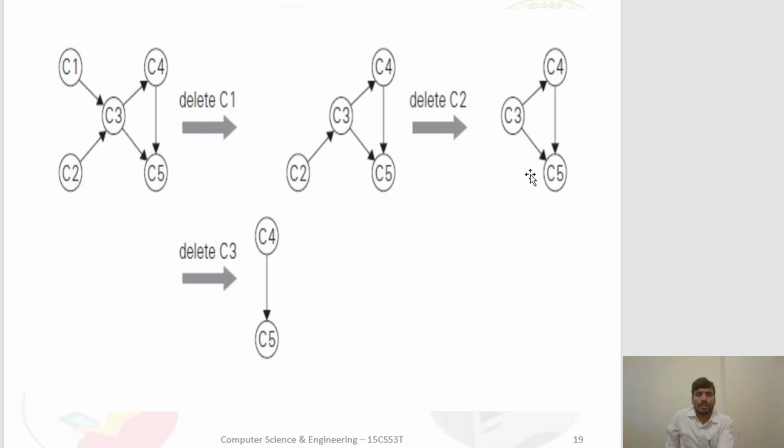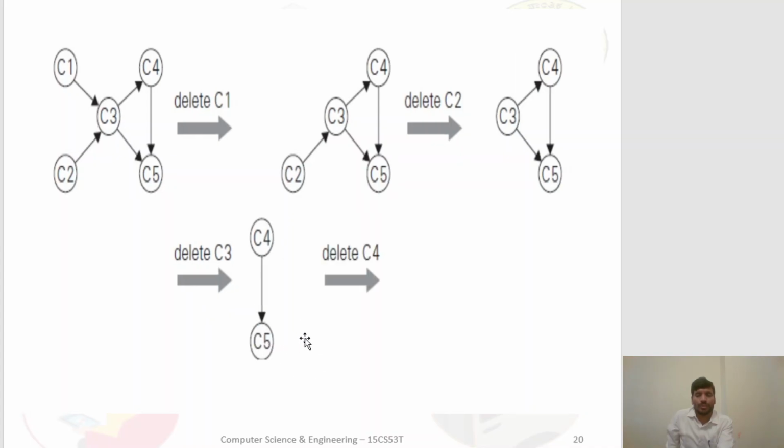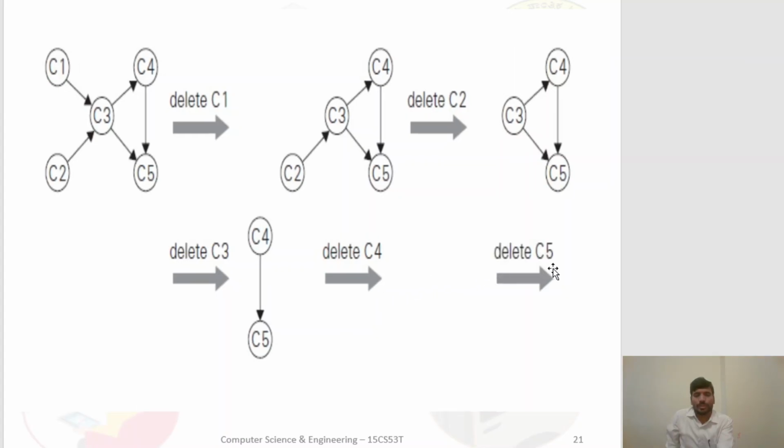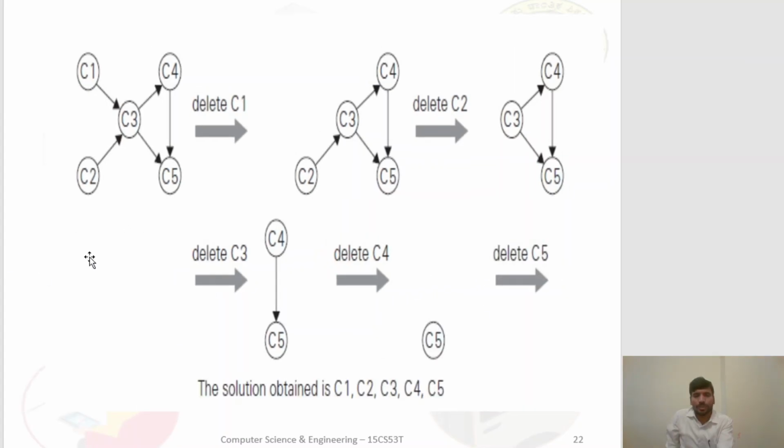and now delete C3. After deleting C3, the graph is C4, C5. Now delete C4 and delete C5. So after removing the source vertex, the solution is C1, C2, C3, C4 and C5.